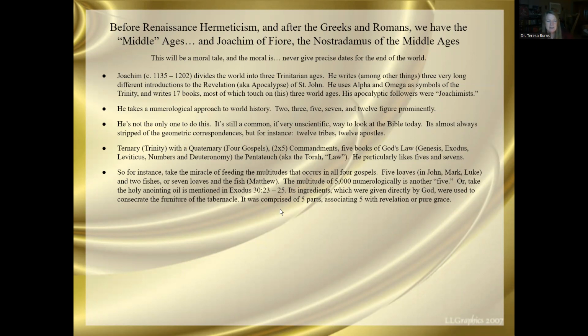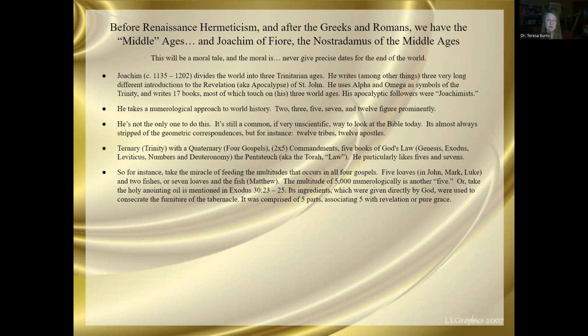Or I'll give you a second example, Exodus. There's this holy anointing oil that the ingredients are given by God. All of this is revelatory, not observed, right? His ingredients are given directly by God, and you use it to consecrate the furniture in the tabernacle. It's comprised of 5 parts, and because of this, in Abrahamic traditions, the number 5 is often associated with revelation or grace.